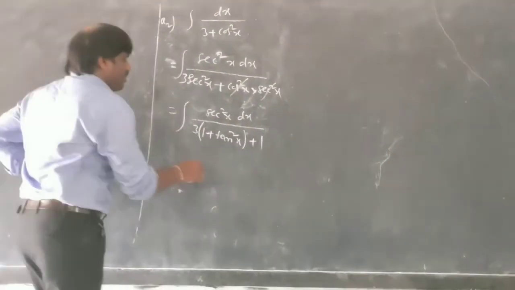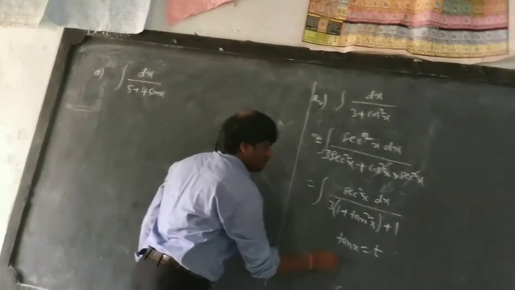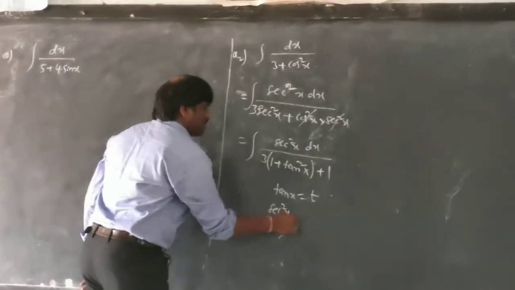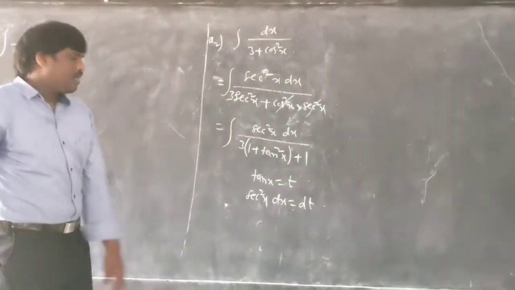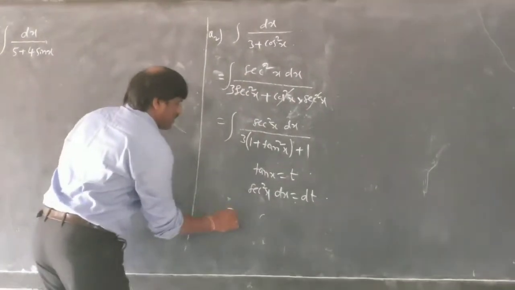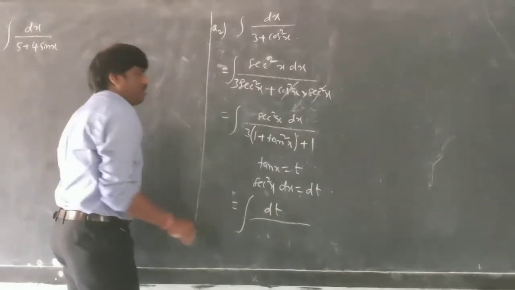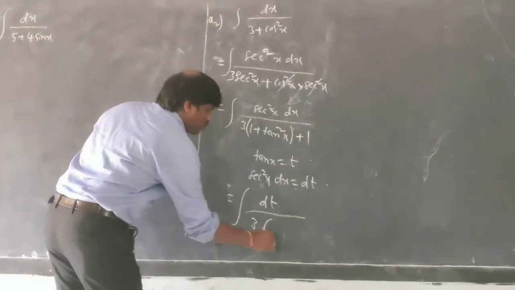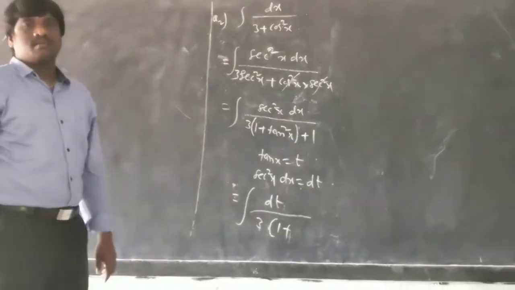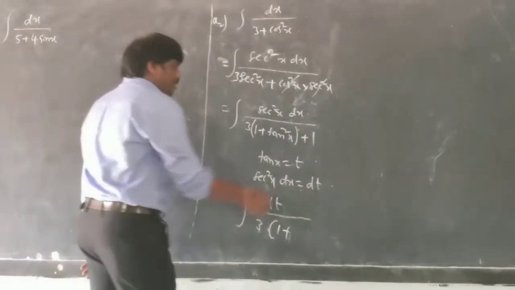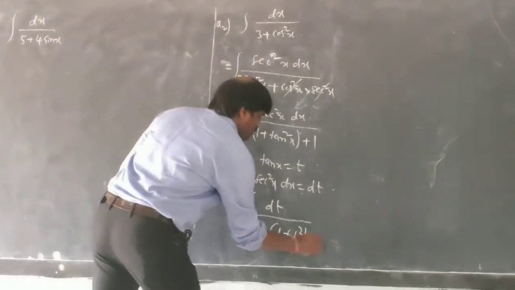Okay. So what I do here now, tan x, let us take t. If I take tan x is equal to t, differentiation of this is sec square x dx is equal to dt. Understand? So sec square x dx can be written as dt upon 3 into 1 plus, see here, this tan square x can be written as t square, plus 1.